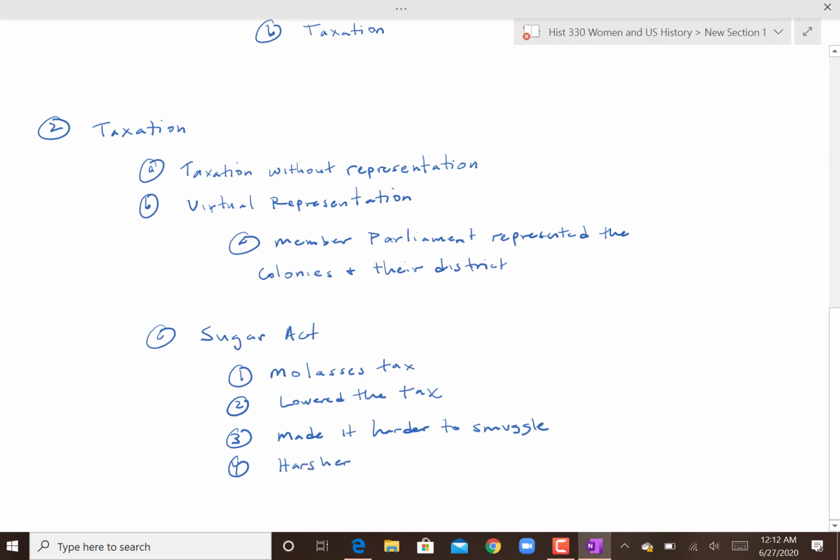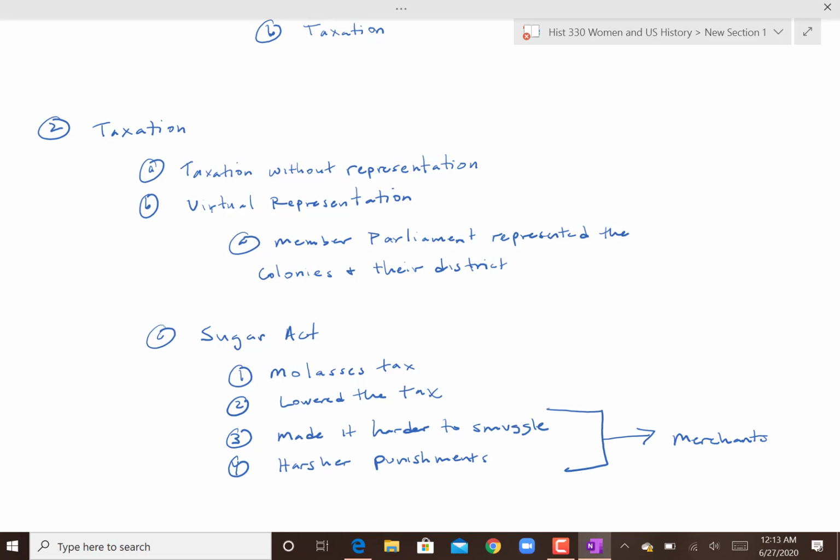Well, why this would be problematic for people was because the merchants had been avoiding the higher sugar taxes by smuggling and going through black markets. So this Sugar Act made that significantly harder to do, which meant they would be paying more than what they were paying when they were avoiding the tax. But technically, the tax was lower.